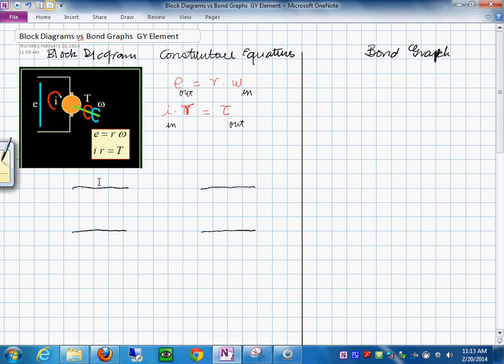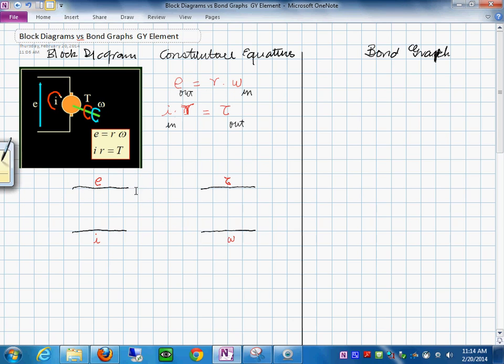This is going to be my voltage, E. This is the current, I. This is going to be the torque, and this is going to be the angular velocity. But you see, the first equation relates these two variables, and it says omega is into the element.